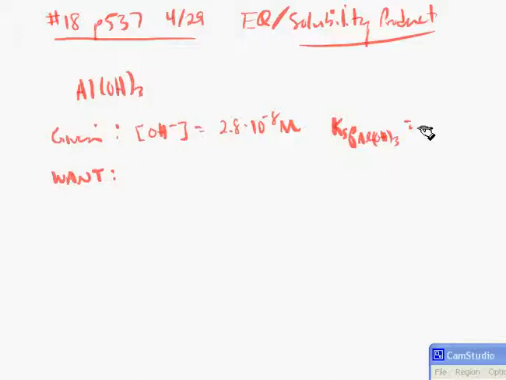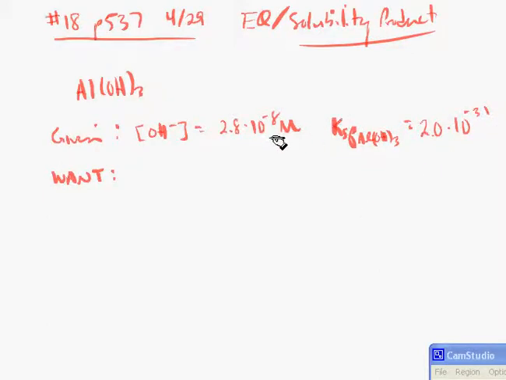It says sample problem 14D, the KSP on page 530, they tell us is 2.0 times 10 to the minus 31.